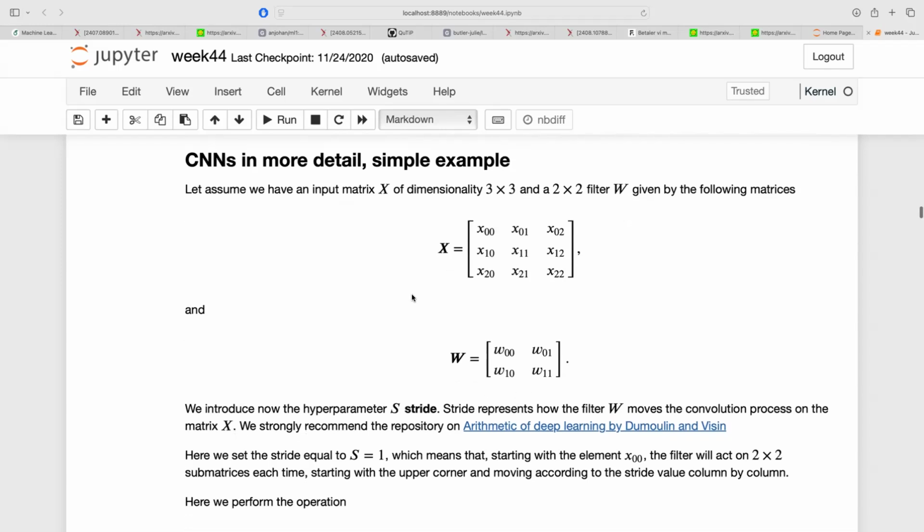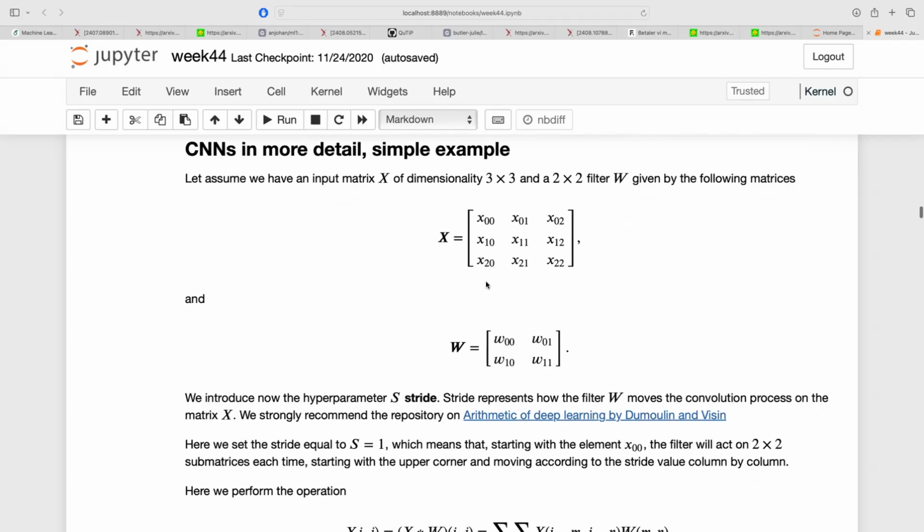If you now look at the way the multiplication is done, this introduces another parameter in the calculations. Think of the first 2 by 2 subblock which you have here. So you have an x00, x01, x10, and x11. Then what we can do is multiply this 2 by 2 subblock by this 2 by 2 matrix.